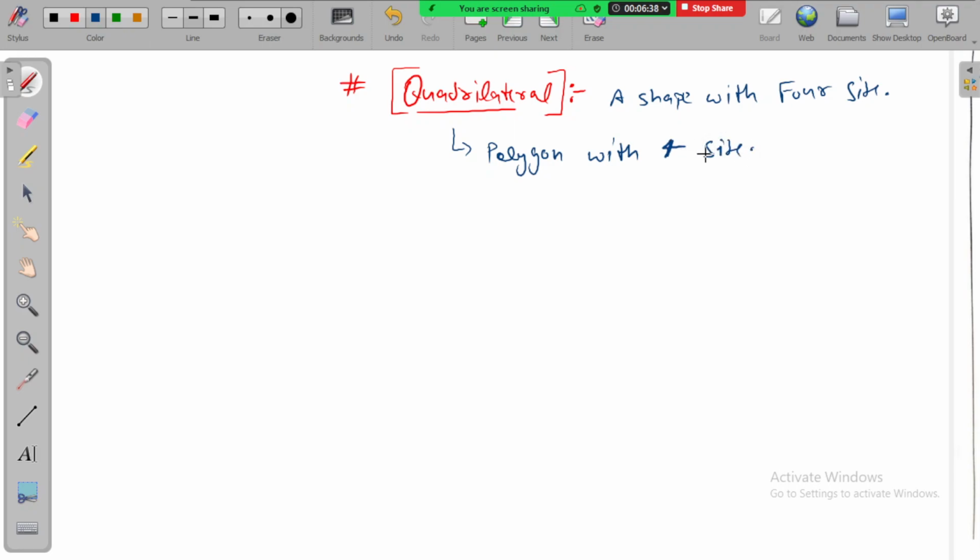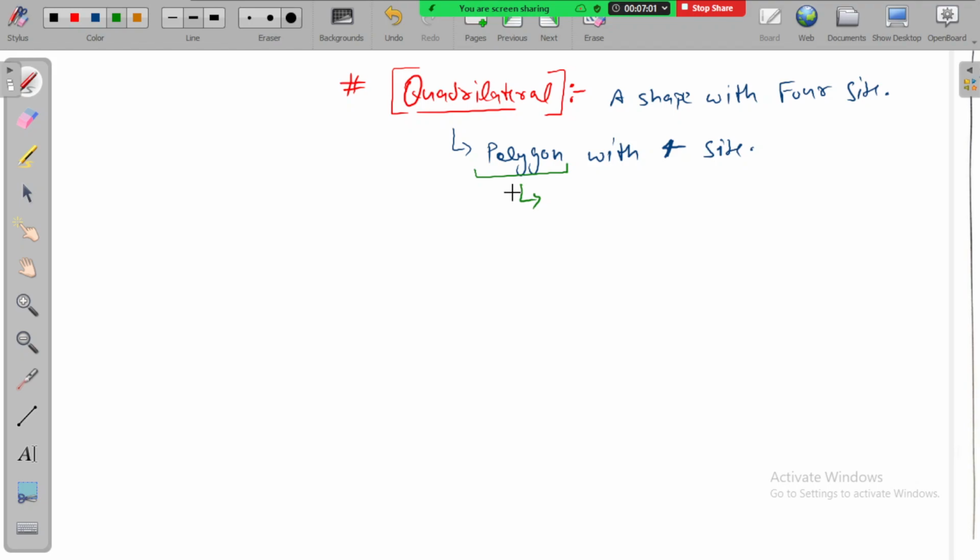What do we mean by a polygon? Which shape is known as a polygon? Square, rectangle, triangle. A regular shape. Regular is a different word.